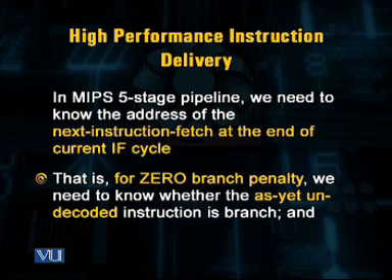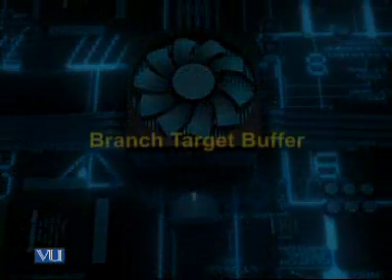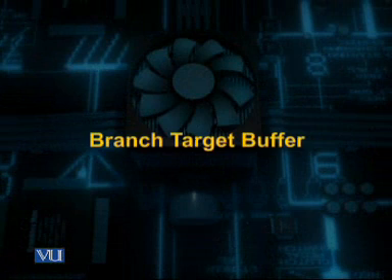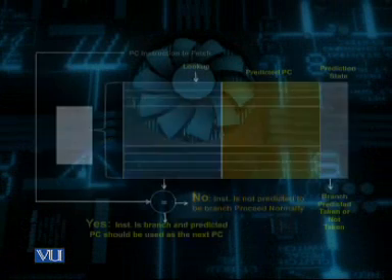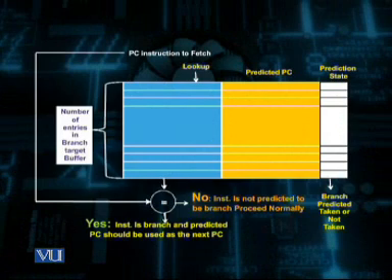This cache is known as a branch target cache or branch target buffer. I introduced to you last time the basic structure of a branch target buffer. Today, we will look into more detail at the design of a branch target buffer.